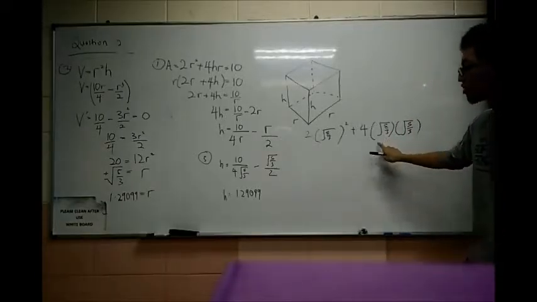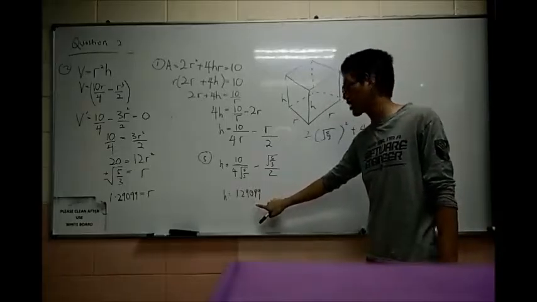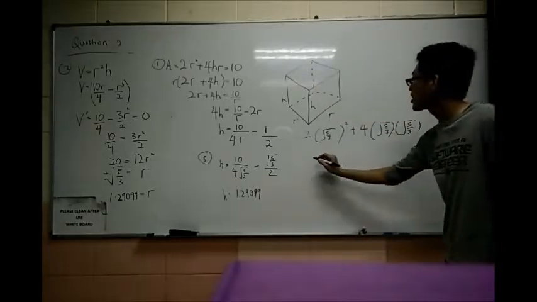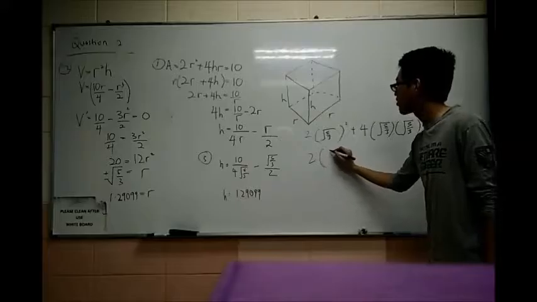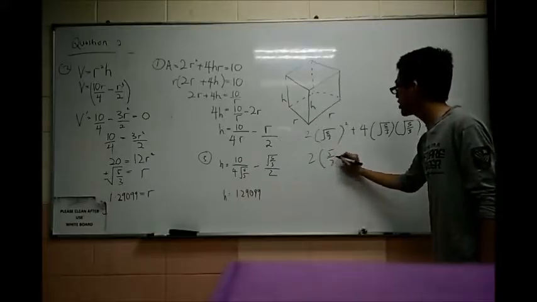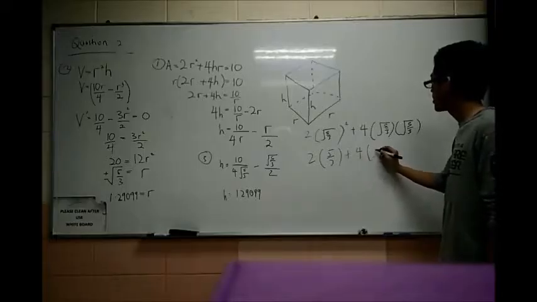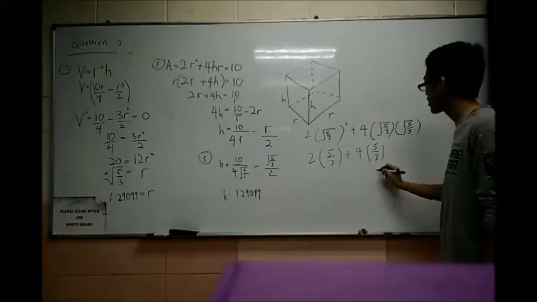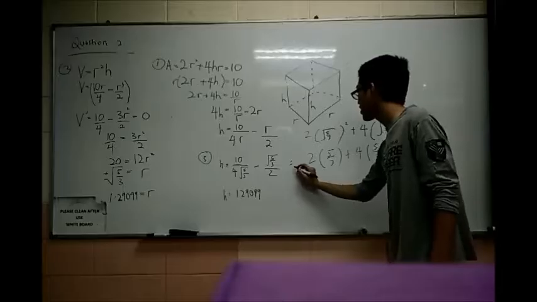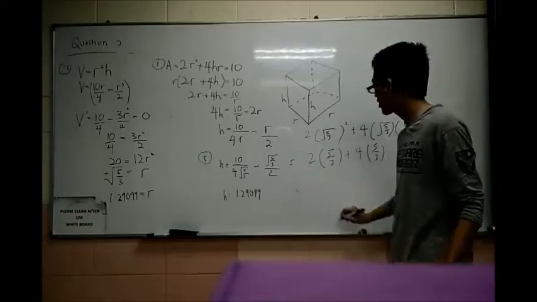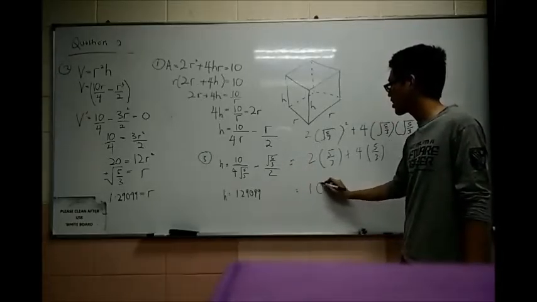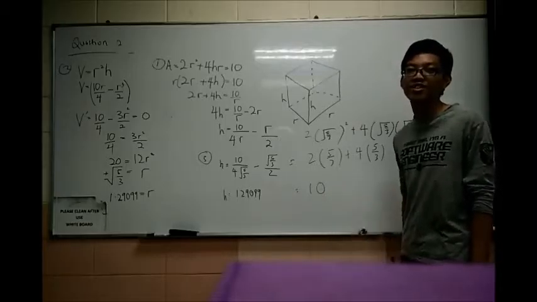Actually this root of 5 over 3 equals 1.29099. So we get 2 times 5 over 3 plus 4 times 5 over 3, so we get 10. That's all for number 2.